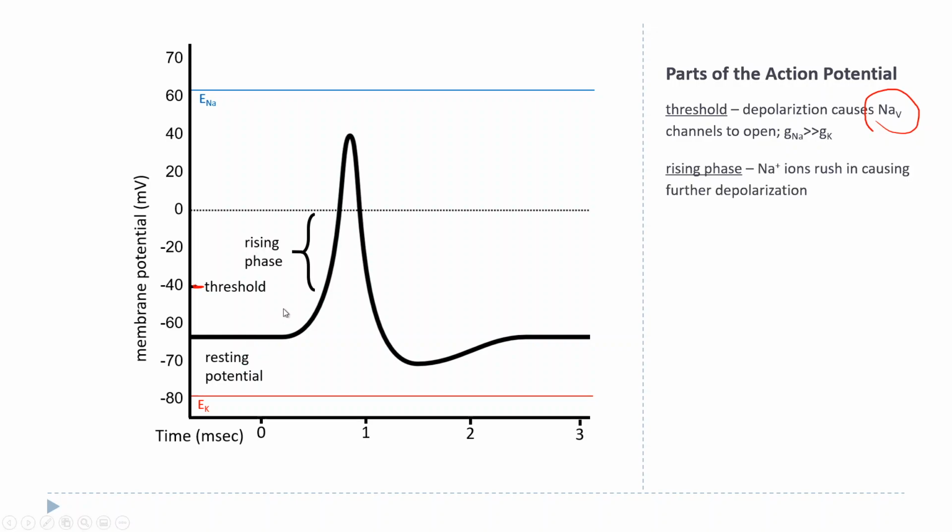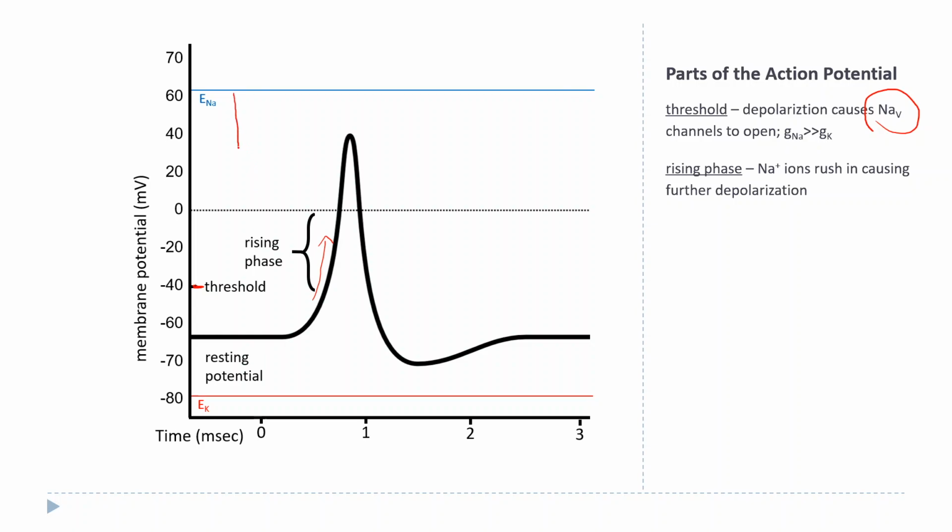So then the rising phase of the action potential refers to once you've passed threshold and start opening those voltage-gated sodium channels, the membrane potential starts to go up, because you're letting sodium into the cell at a very high rate. The current for sodium is very large at this point because there's such a big difference between the equilibrium potential for sodium and the membrane potential.